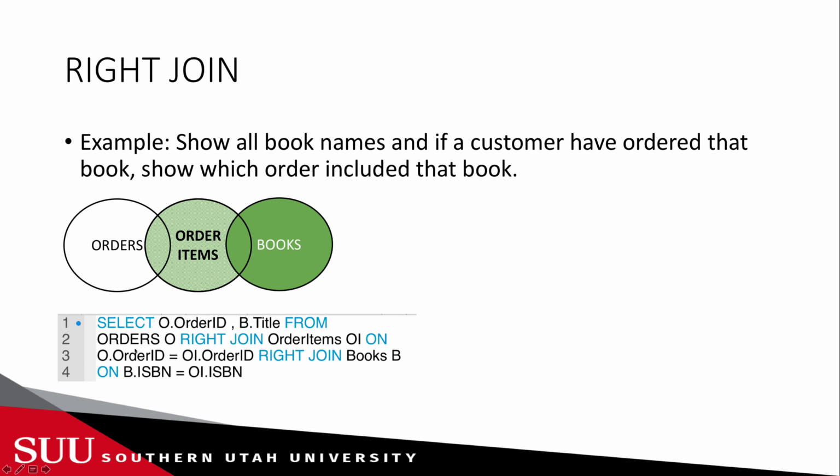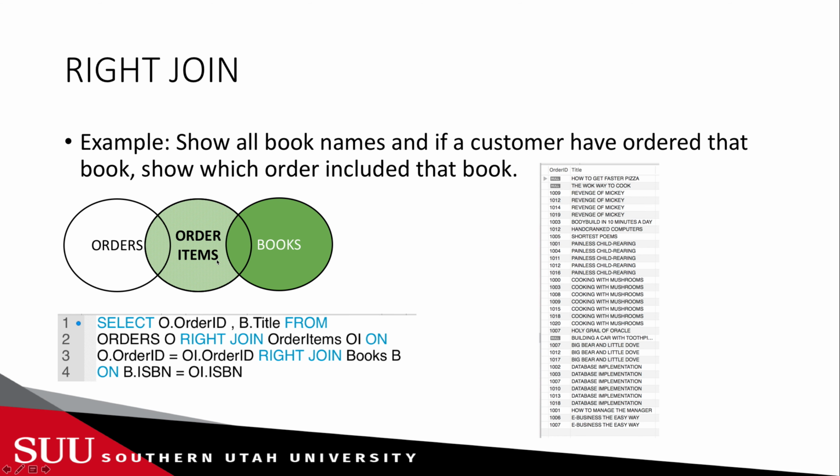Then I will say on the order ID from the orders table matches the order ID from the order items table, and then the ISBN from the books table needs to match the ISBN in the order items table. And this is going to give me this data set. As you can see, I have 1, 2, 3 books that have never been ordered, and the other books are matched with the order IDs in which the books were ordered.